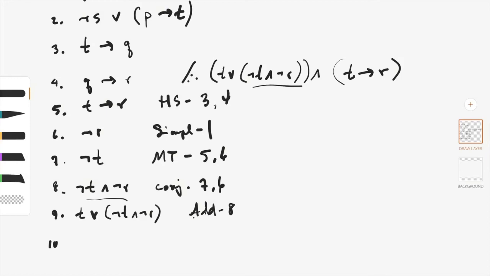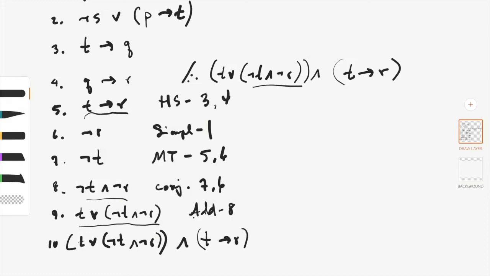Then on line 10, we'll take the result that we just got on line 9 and the result that we derived earlier on line 5 and combine those together using conjunction to derive our conclusion. Not T and not R, that's that part, and from line 5 we have T implies R, so that will be conjunction on lines 9 and 5. Notice I'm putting them in this order because of the schema.